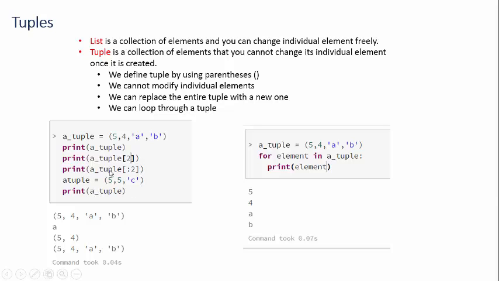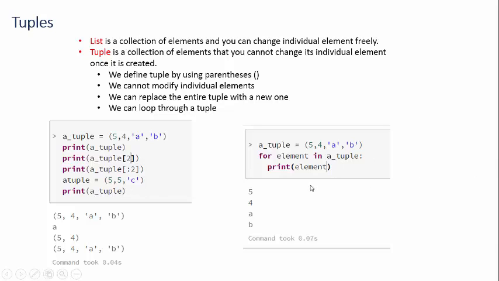I can replace the tuple by using a different definition. I noticed there's a typo here, but this should be a_tuple. And when you want to repeat this one, remember to add an underscore here.